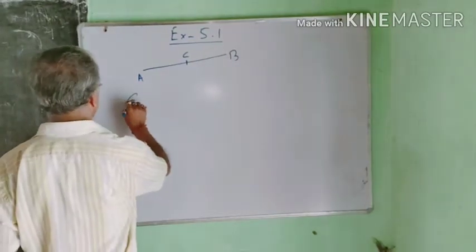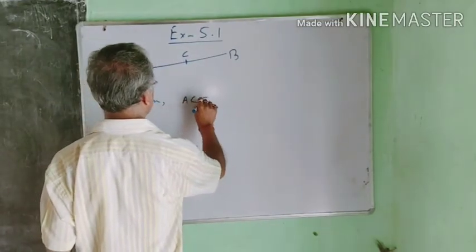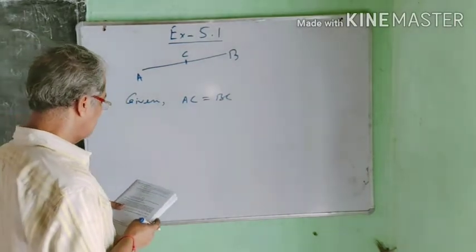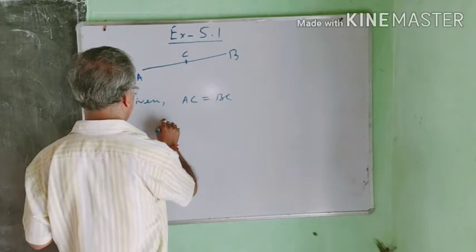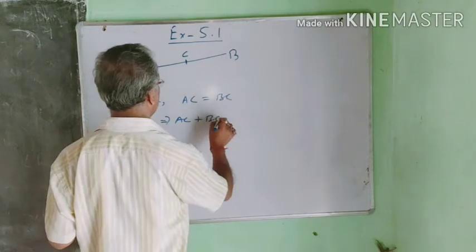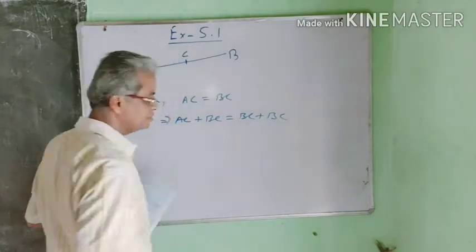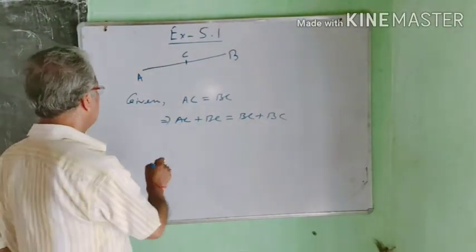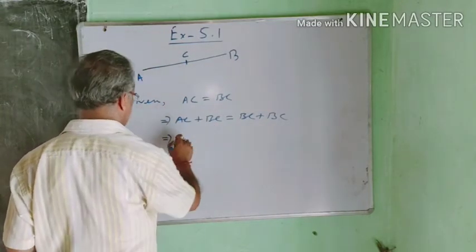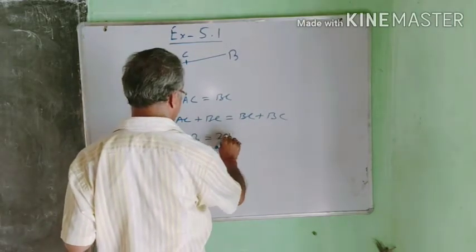So given AC is equal to BC, implies AC plus BC is equal to BC plus BC. That is, we have added BC on both sides. So AC plus BC is your AB. And BC plus BC is twice BC.